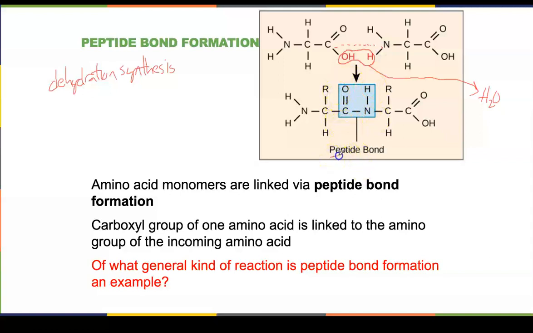This is called a peptide bond. So if we have 2 amino acids joined together, we can call that, like for example here, a dipeptide, because there are 2, and di means 2. If we have more than 2, then it would become a polypeptide. Poly means many.